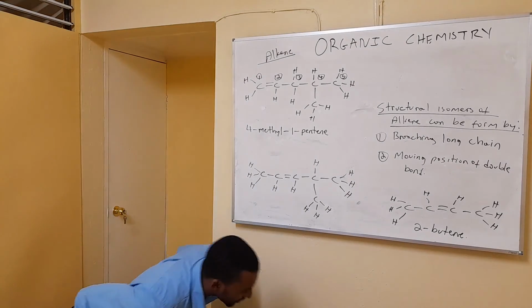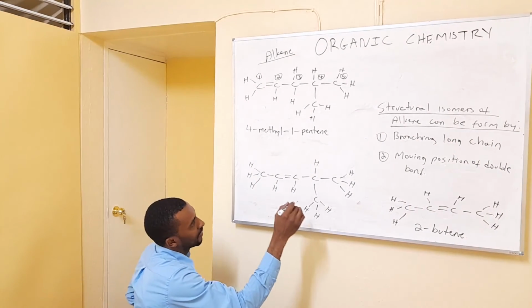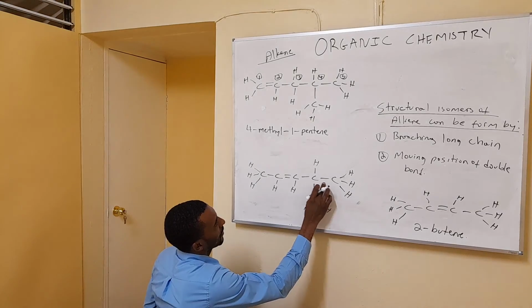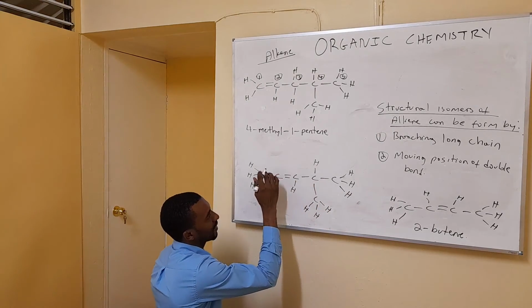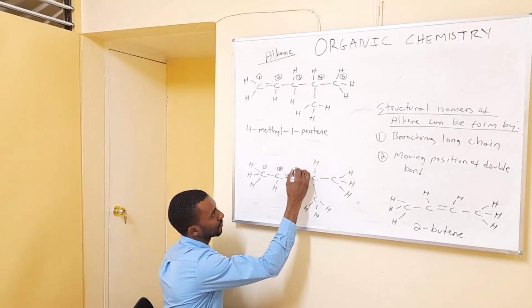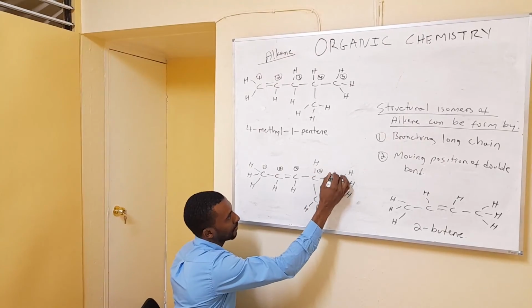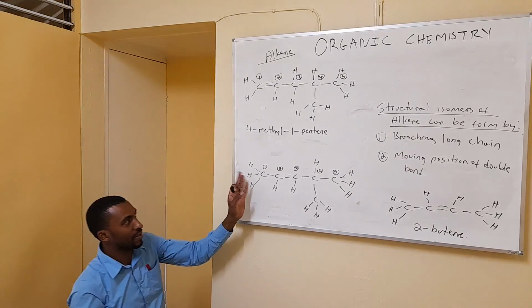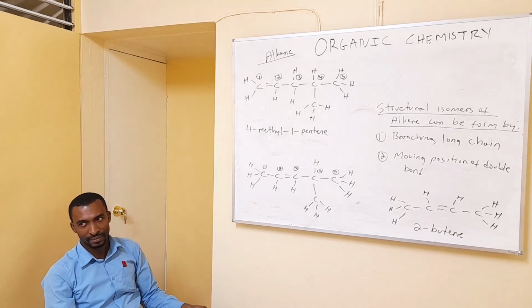So the name of this one: 1, 2, 3, 1, 2. We still have to number the carbon atoms from this side. Why is that so?